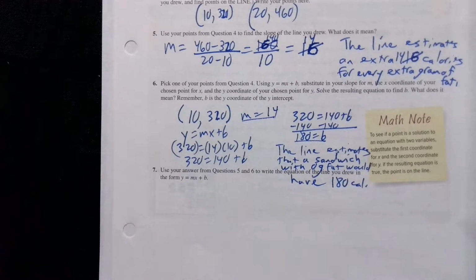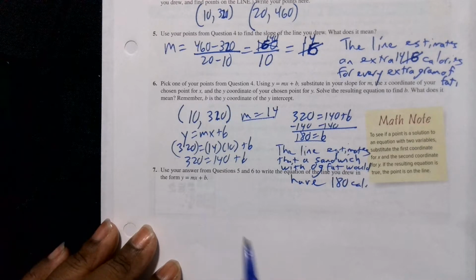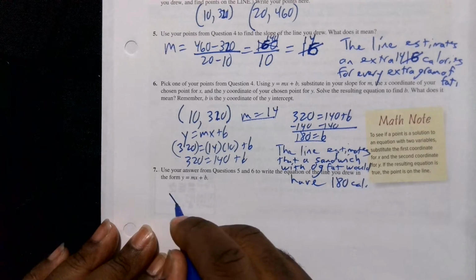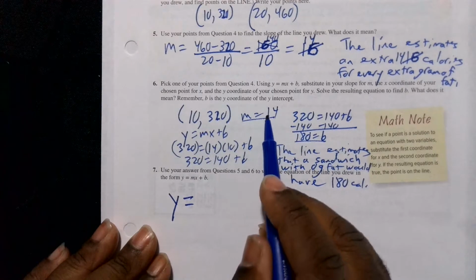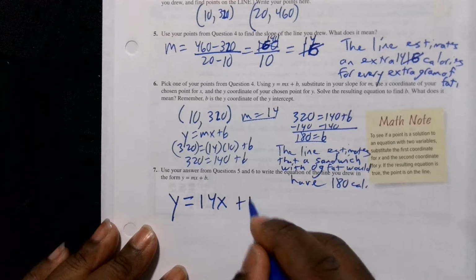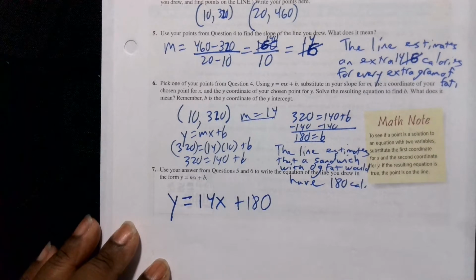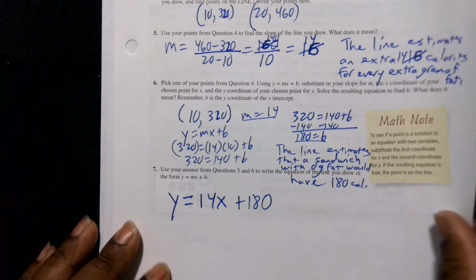Okay, number 7. It says use your answer for questions 4 and 5 to write the equation of the line you drew in the form y equals mx plus b. So it'll be y is equal to, the slope is 14, so it'll be 14x plus 180. So this would be your equation. So now we go on to problem number 8.